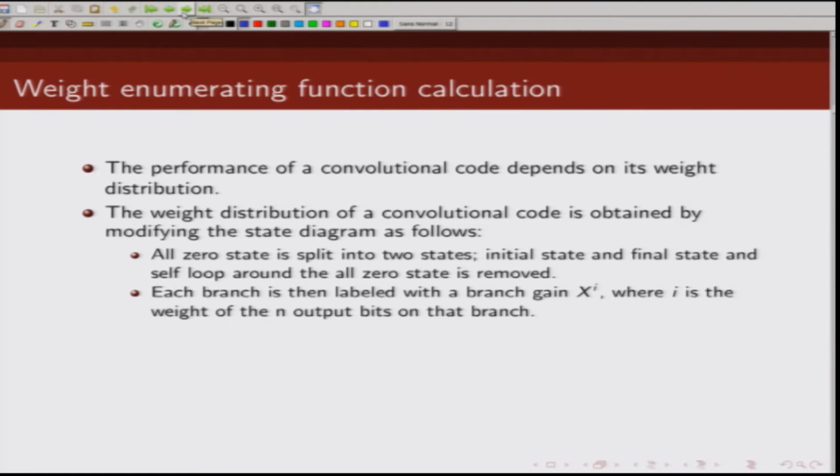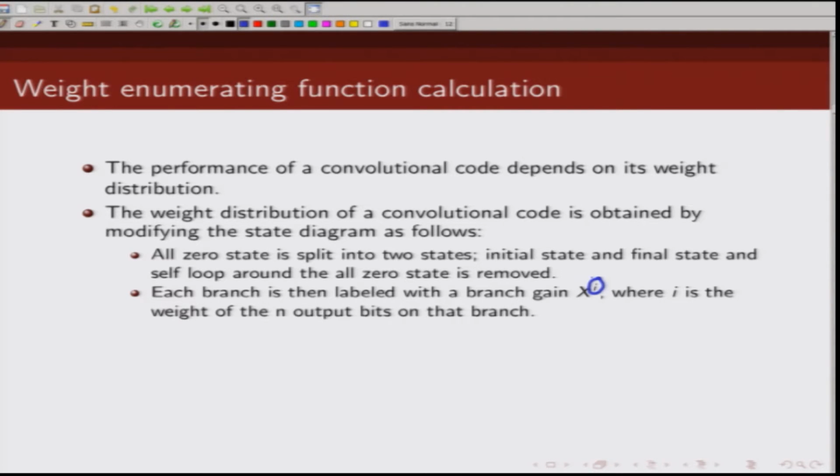Next, each branch linking one state to another state will be labeled by the output weight of the codewords. We are going to denote it by x raised to the power I, where I will be the weight of the coded bits.